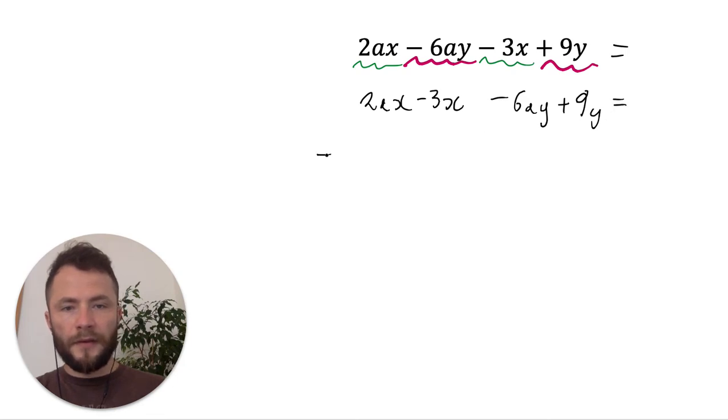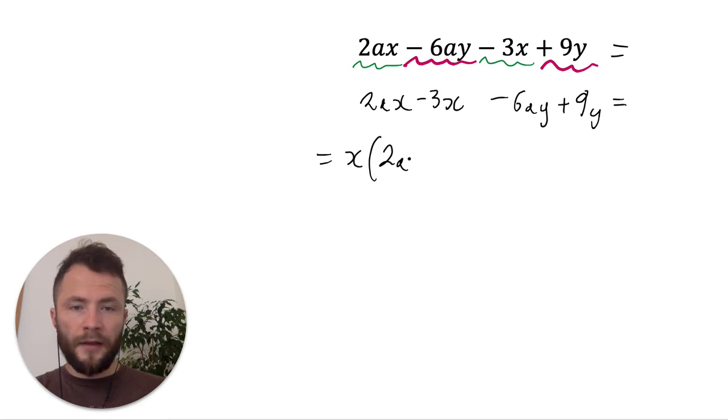So if we factorize that, take out x out of this expression, I end up with x outside of the bracket, inside 2a minus 3, and take out y out of those two terms, so plus y, let's write plus for the minute, plus y, and inside I have, actually plus 3y is a better number, minus 2a, and plus 3.